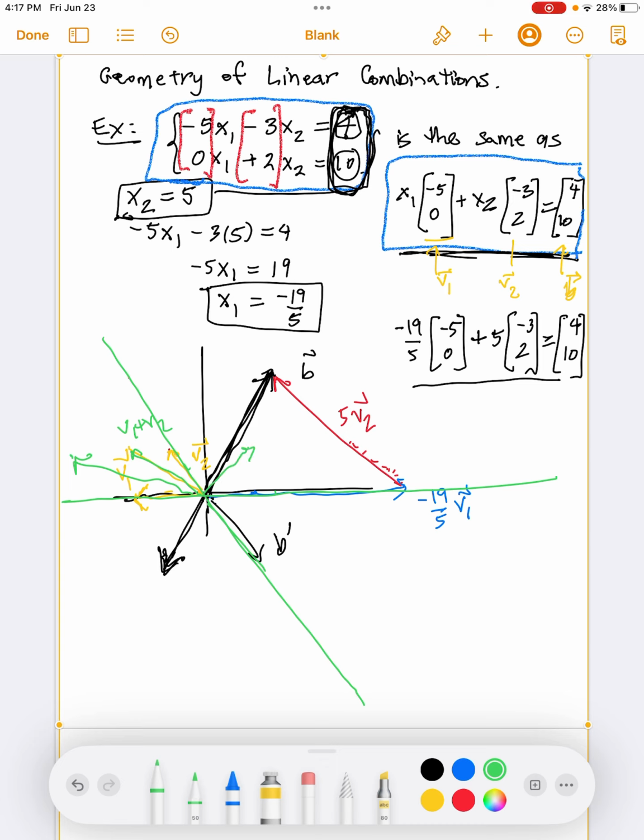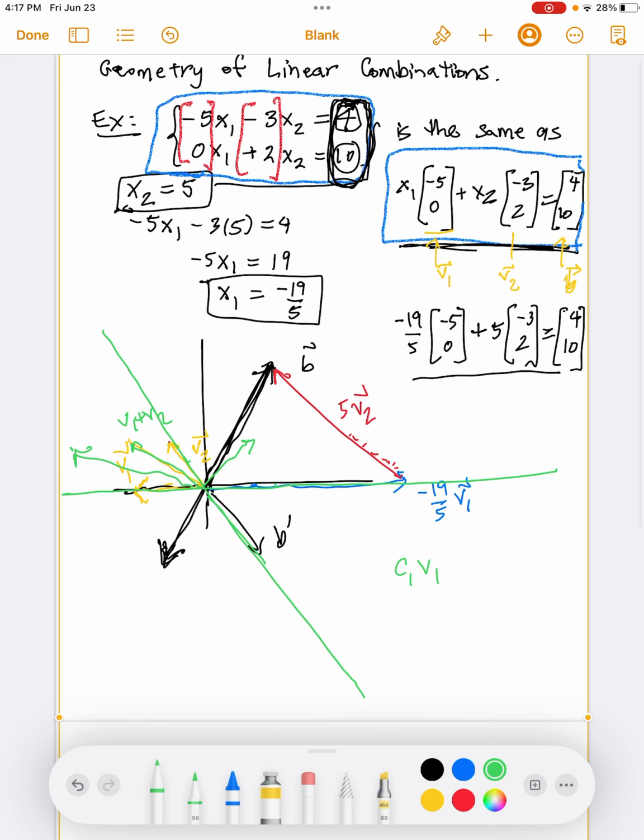And if you imagine thinking about all the different combinations for all the real numbers, so c1 v1 plus c2 v2, where c1 and c2 are any real numbers, you're actually going to get the whole plane. You're going to get all the vectors in R2.